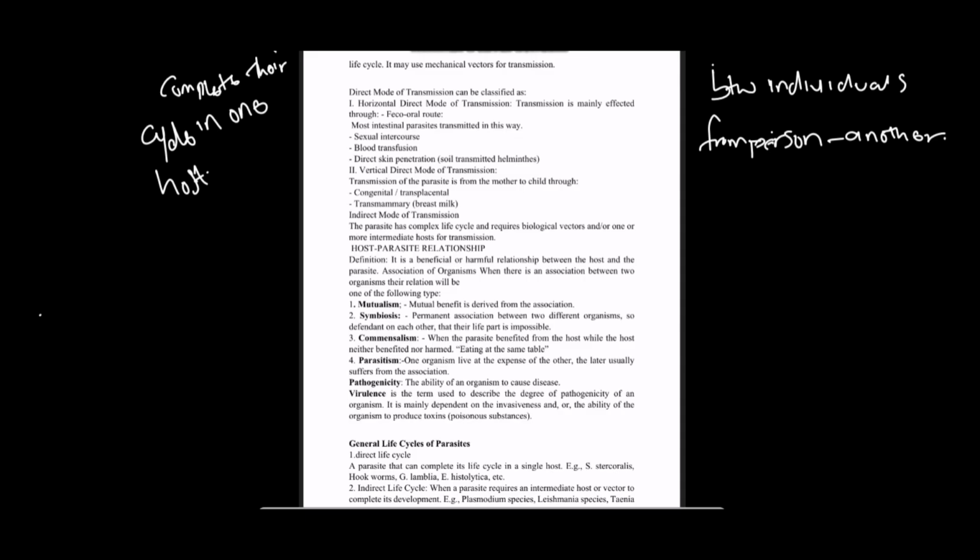It happens across generations. Examples include the transmission or movement of the parasite from mother to child through the placenta, because the placenta is the site where there is exchange of material between the maternal and the fetal during pregnancy.